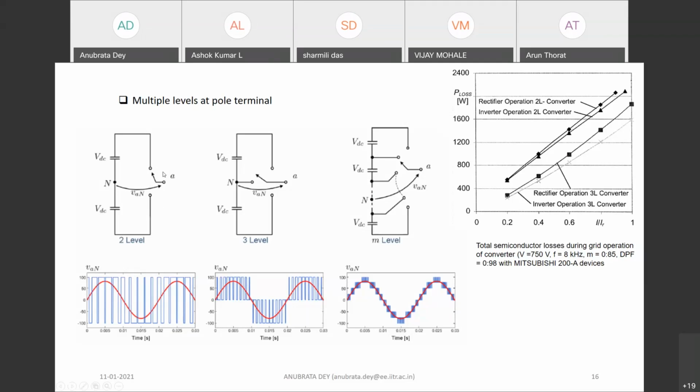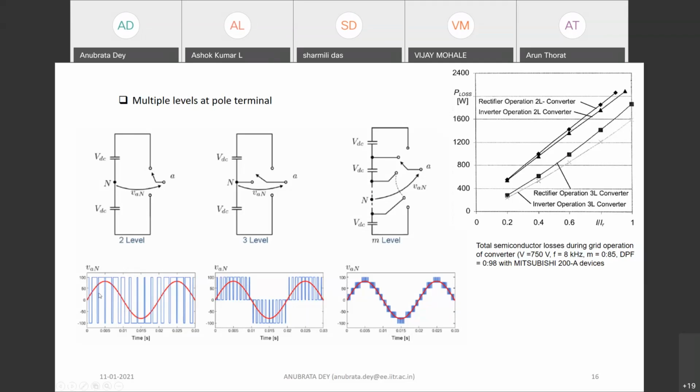Depending on that connection, either it can get plus VDC, or it can get minus VDC. So it has two possible output voltage levels. That's why it's called two level.